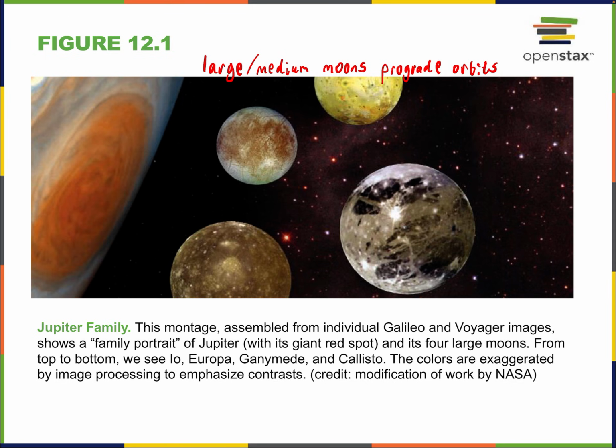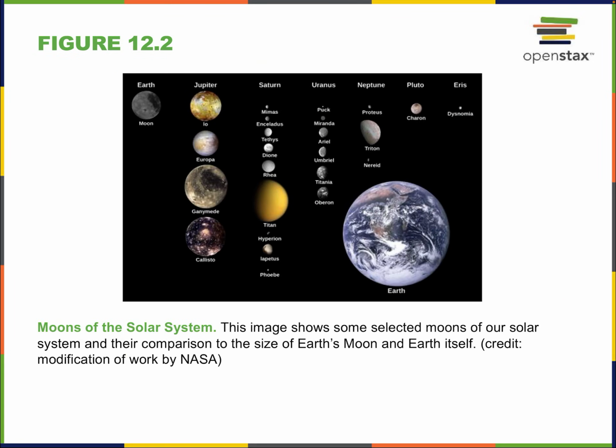Because the other moons of all the gas giants, those moons, the further away moons that aren't shown in an image like this, those further away moons all orbit in retrograde orbits, okay? So the many moons of the outer gas giants also include small, distant, retrograde moons.